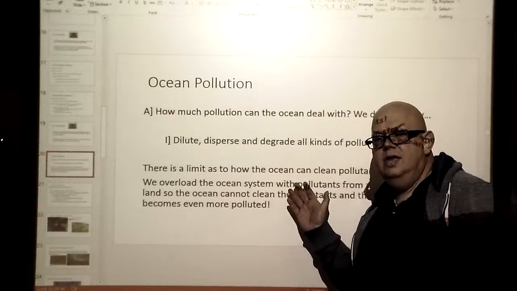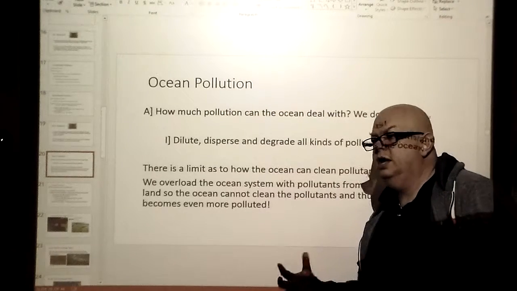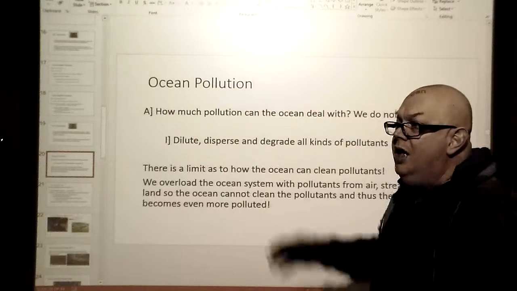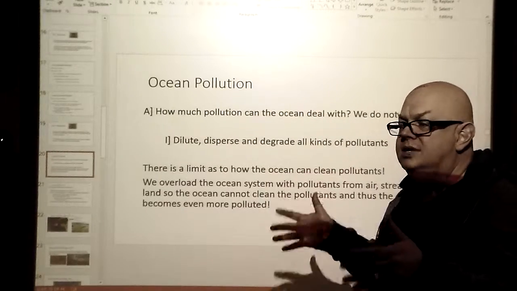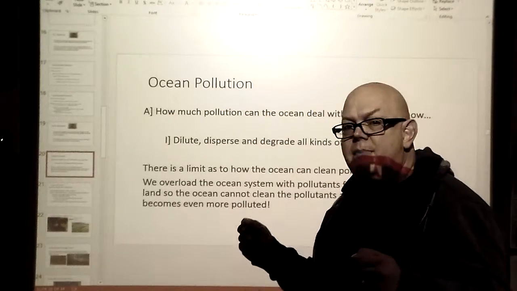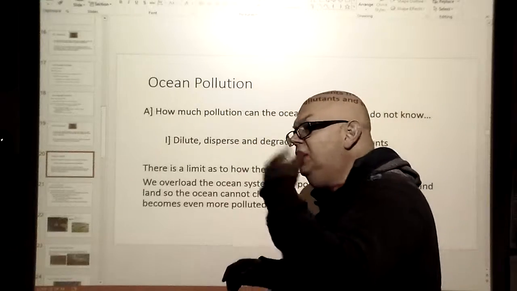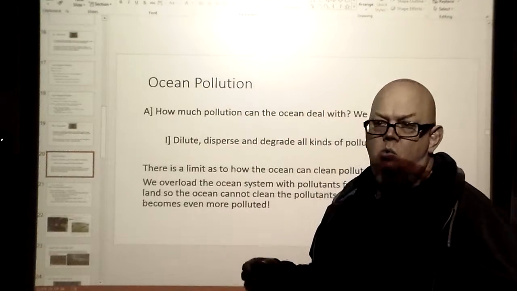But that's basically the analogy: if the ocean is overloaded, it's not going to work. This is also true for rivers and streams. The main concept is that there is a natural system in place, imagine God doing this, that naturally cleans things. But what happens when we overload it? Then it's not going to work.